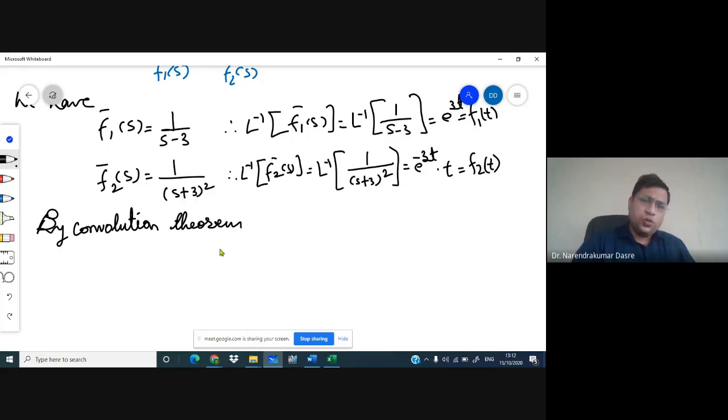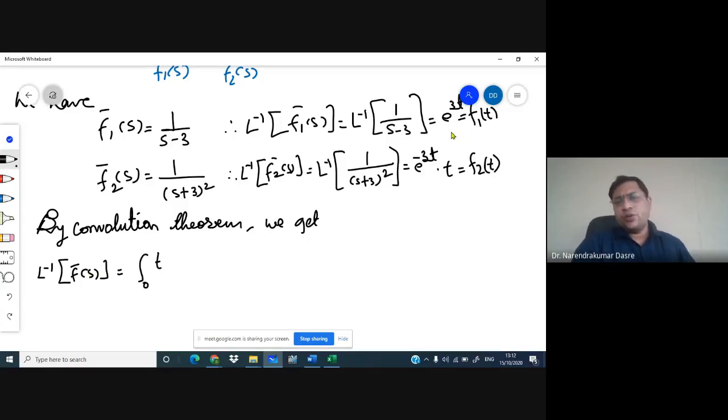What we are able to get is the Laplace inverse of f bar of s is equal to the integral 0 to t. One you have to consider f1 of t and the other you have to consider f2.